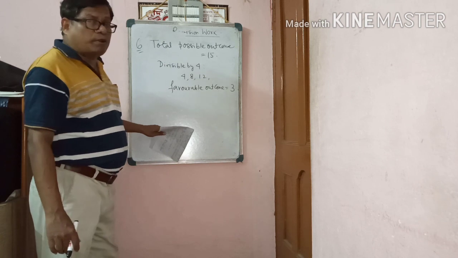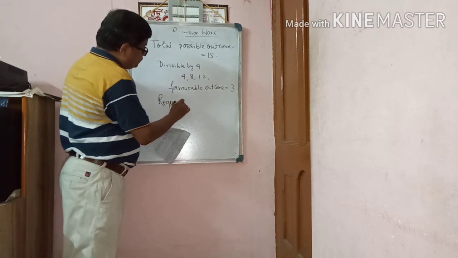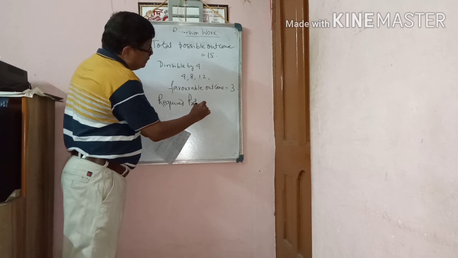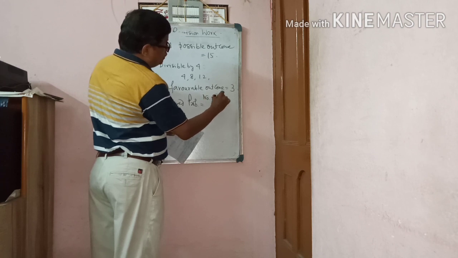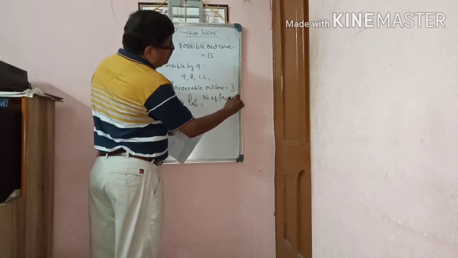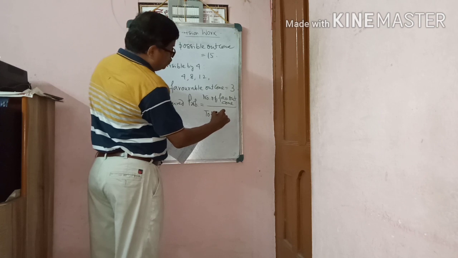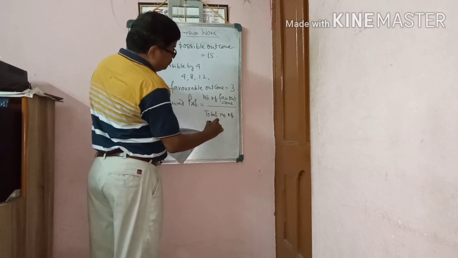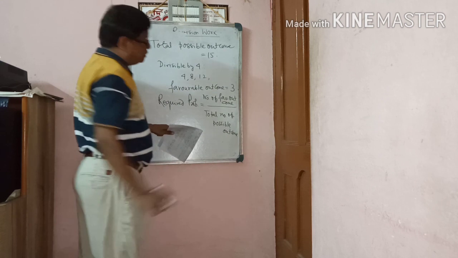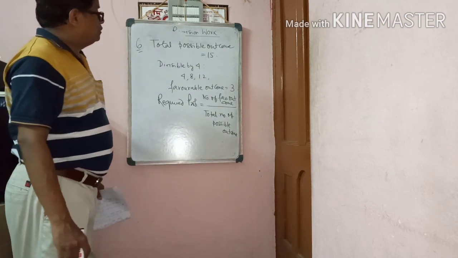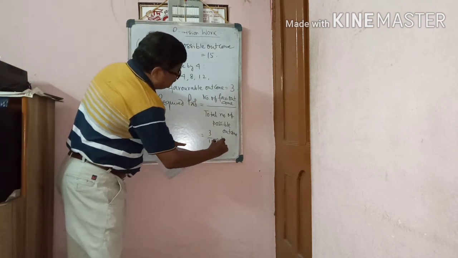So write required probability, divisible by 4 is given. Required probability equal to number of favorable outcomes by total number of possible outcomes. So we are getting 3 by 15, that is 1 by 5.